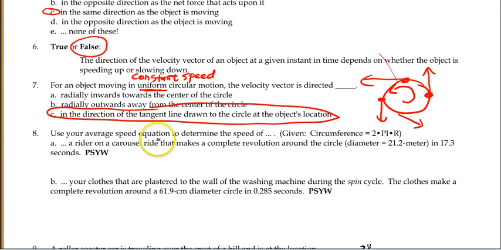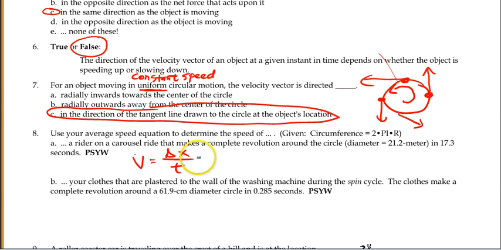Use your average speed equation to determine the speed of a carousel ride. Now, keep in mind that the circumference of a circle is 2 pi times the radius. The ride makes a complete revolution around the circle in 17.3 seconds. Again, to find the speed, we just need the change of distance over time.